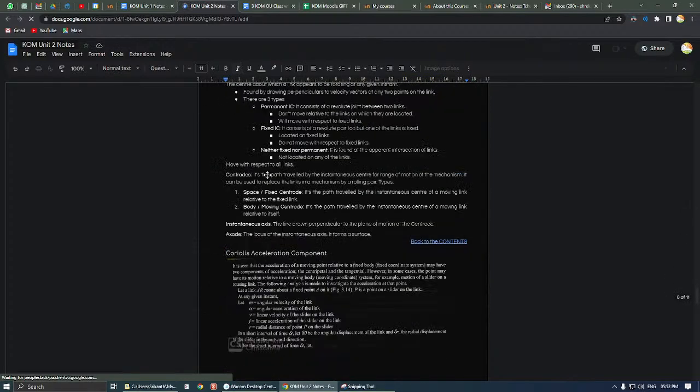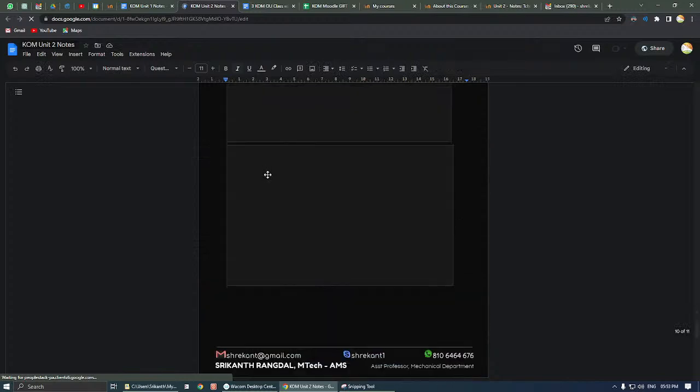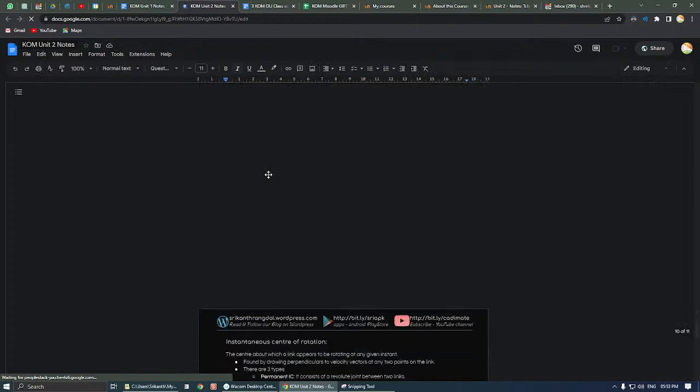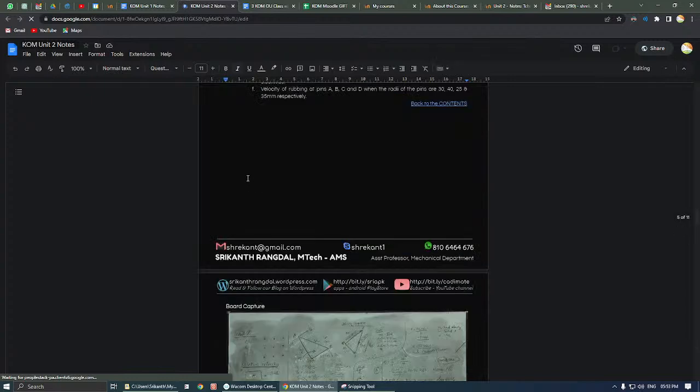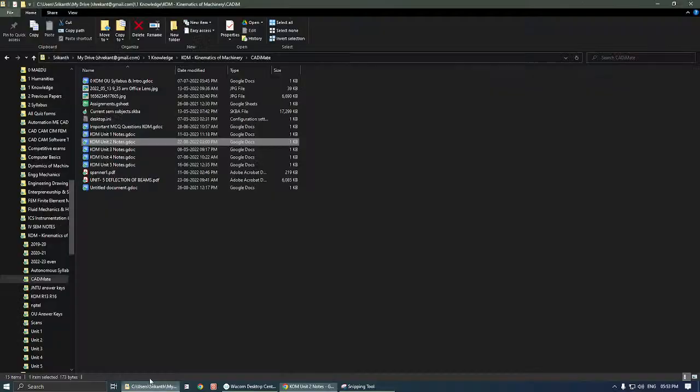Okay, unit 2 was velocity analysis here. So I was displaying all those things. What about unit 3? Let's see.